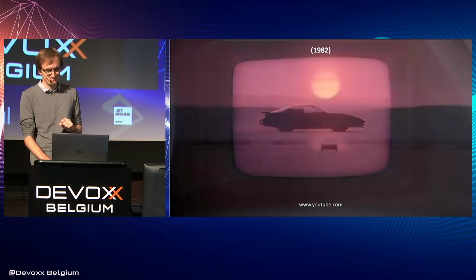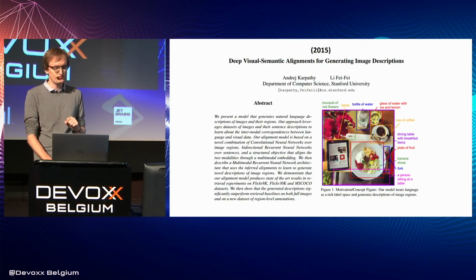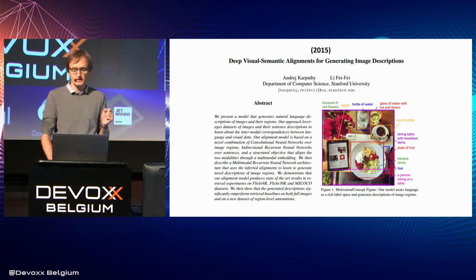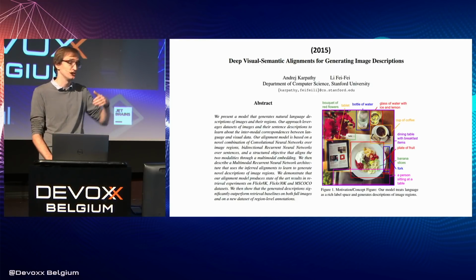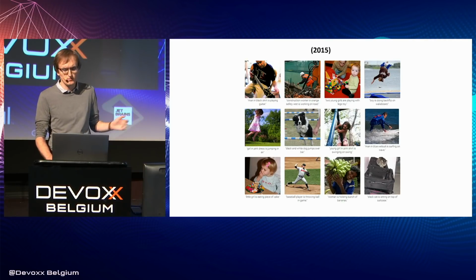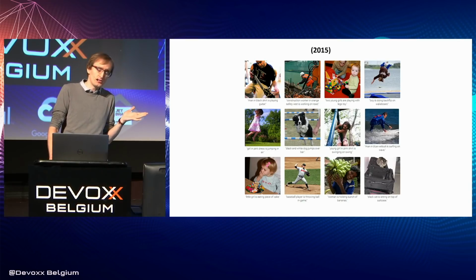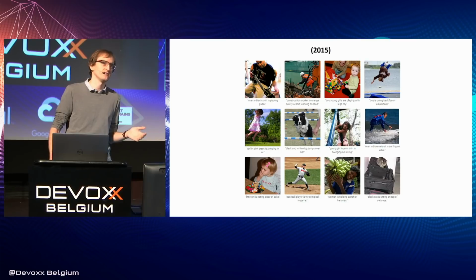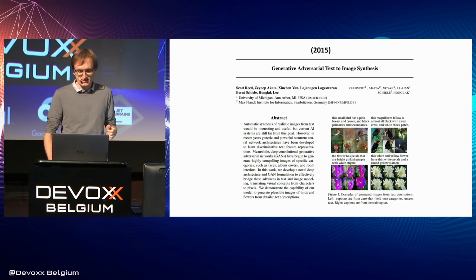Fiction? In 2015, a machine is able to semantically segment an image and generate a grammatically correct sentence describing it. All these image descriptions were generated by a machine. Is it impressive? If this is impressive for you, you are not ready for the next slide.